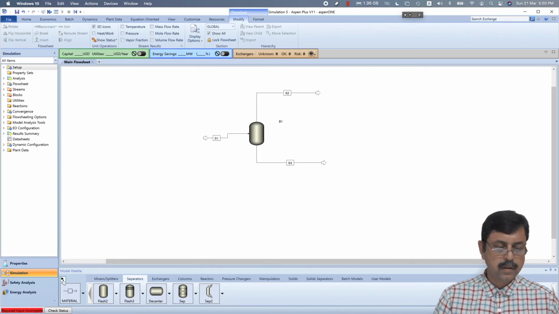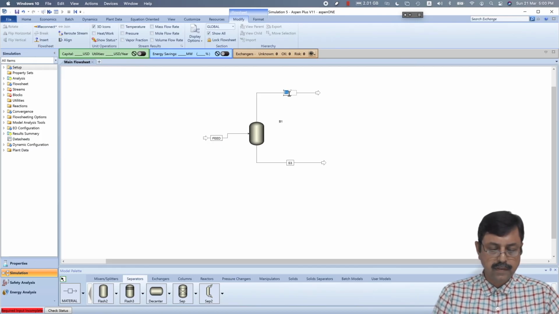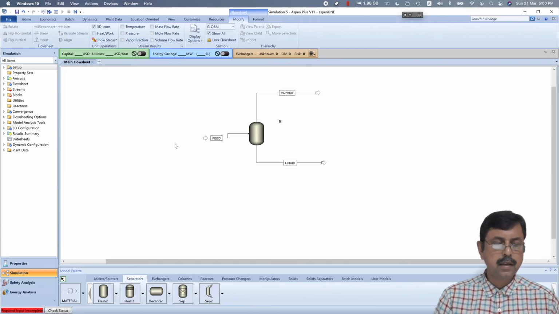Okay, rename, this is my feed, this is my vapor, and this is liquid. Okay, next it will ask for input streams.